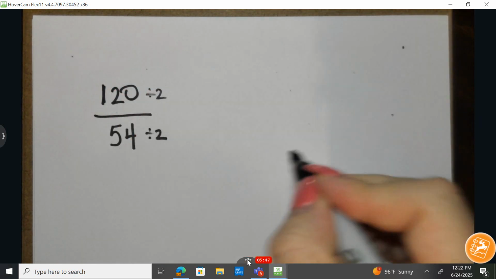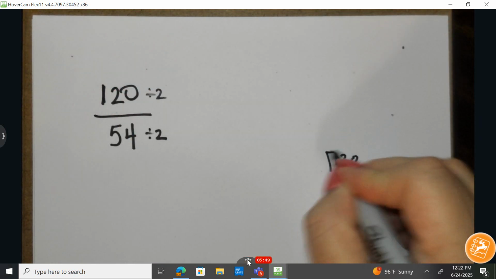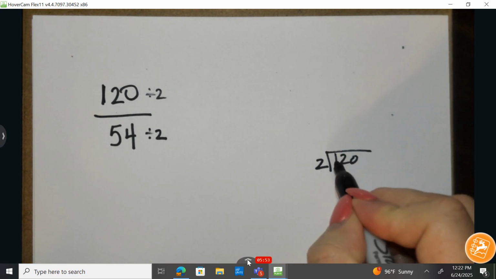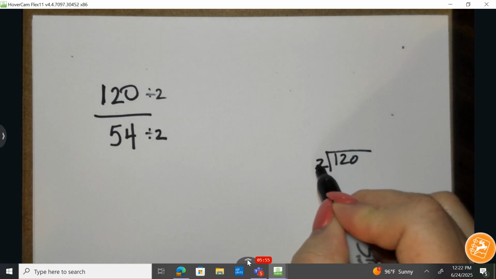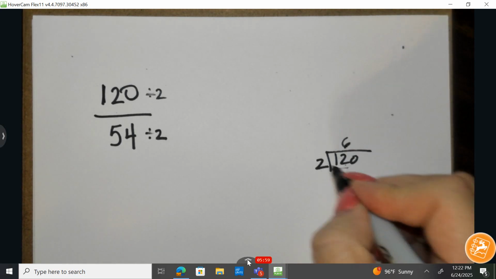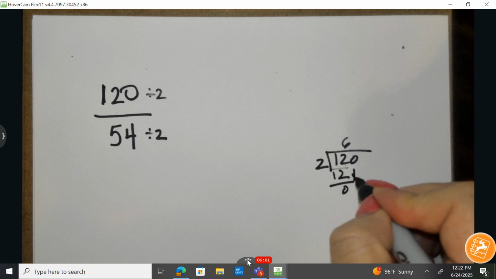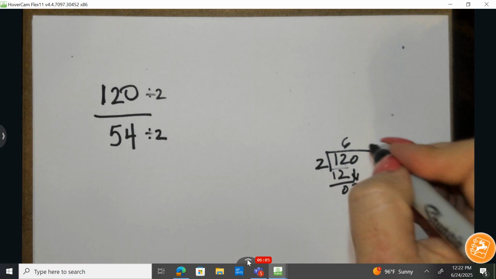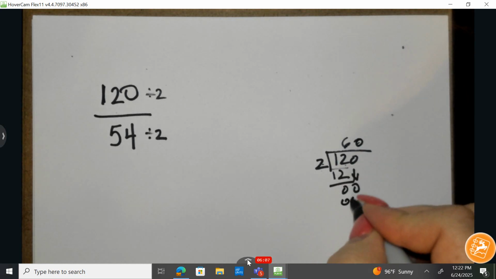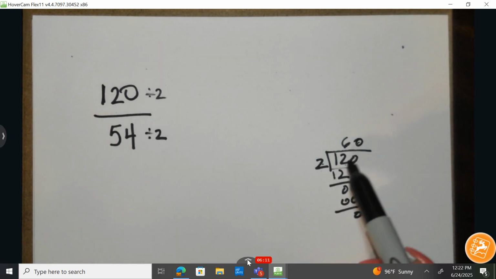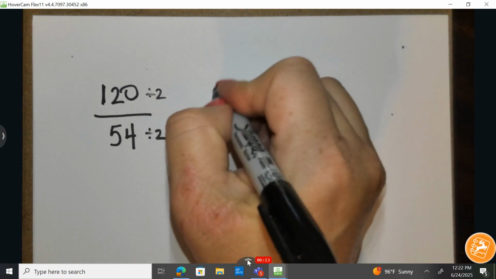And if you're not comfortable taking 120 and dividing by 2, you can go off to the side and do long division. 2 does not fit into 1, but I know there's 6 groups of 2 in 12. So I select the number, I multiply, subtract, and bring down. How many times does 2 fit into 0? 0 times. I multiply, subtract, and I can see that there's 60 in 120 divided by 2.